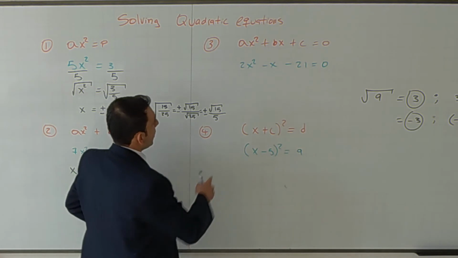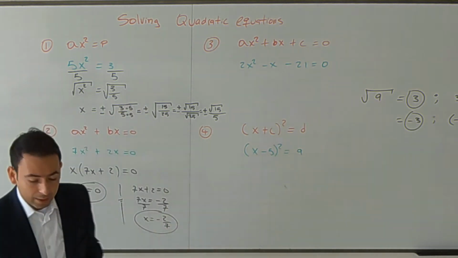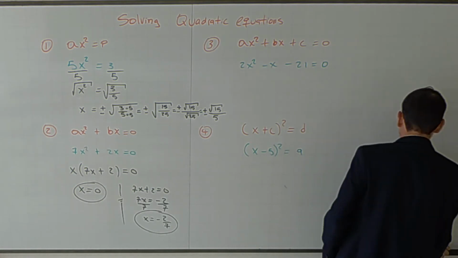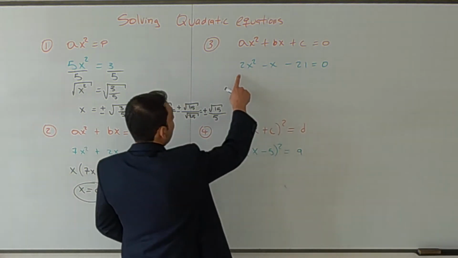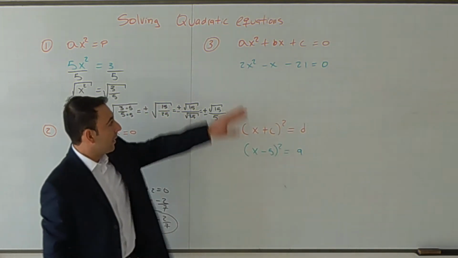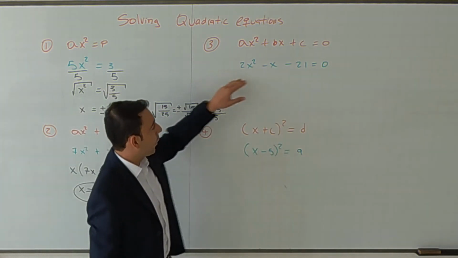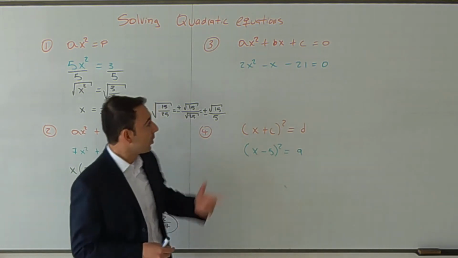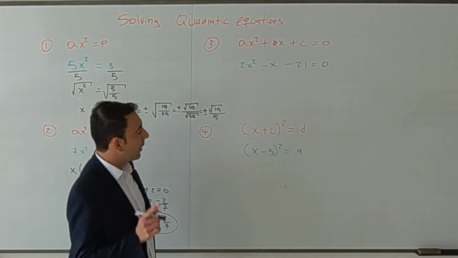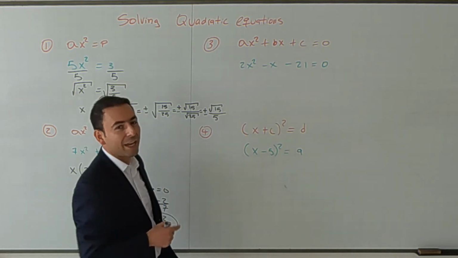Okay, then let's solve that equation. Let me write this part, this explanation, and let's do it. Then in here we have a trinomial on the left. We have to factor it. If we can identify which factoring case we can use to factor that polynomial, we can do it. And obviously I know that you know that we can use the AC method.